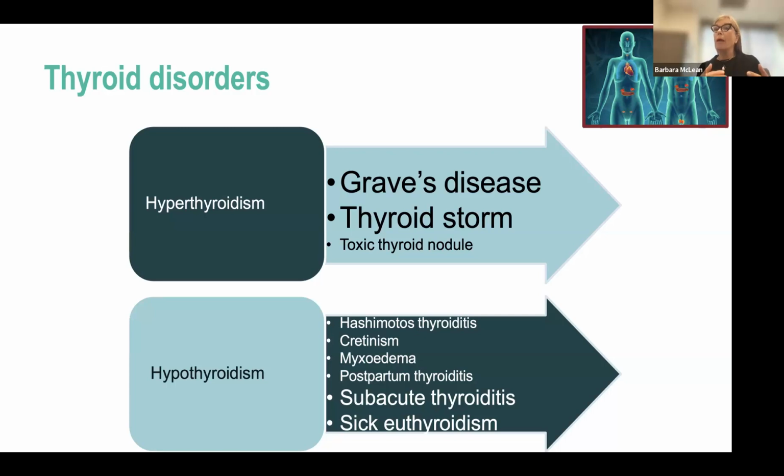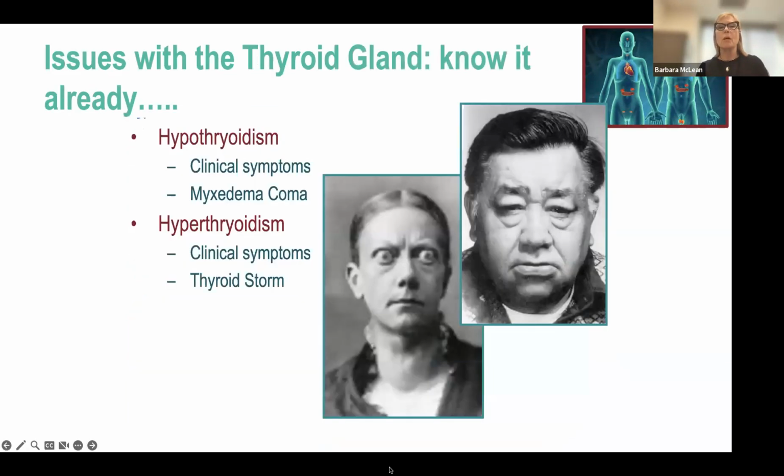Think about it like a person who has hyperglycemia, but they're not a known diabetic. It's the critical illness that propagates this abnormality, and we have to be paying a lot of attention to it. So we're going to think about the hyperthyroid side and the hypothyroid side and how that presents to us in our critical patients. So most of us, when we think about thyroid dysfunction, we think about those very far ends of thyroid dysfunction.